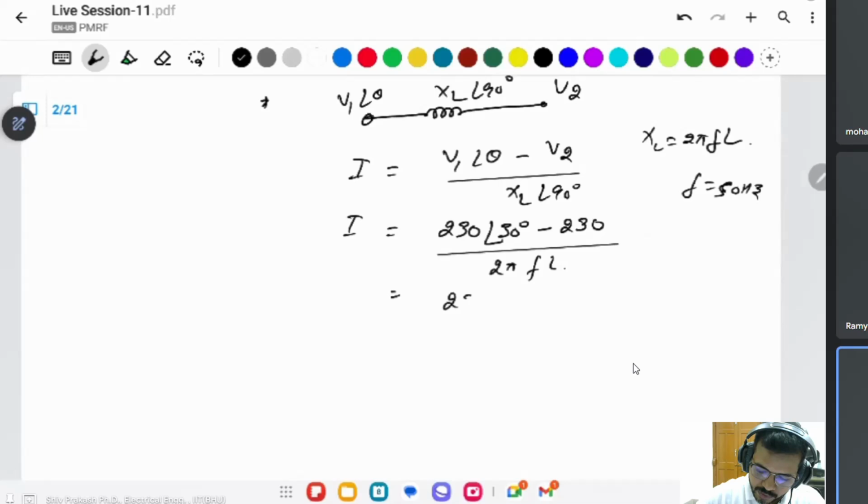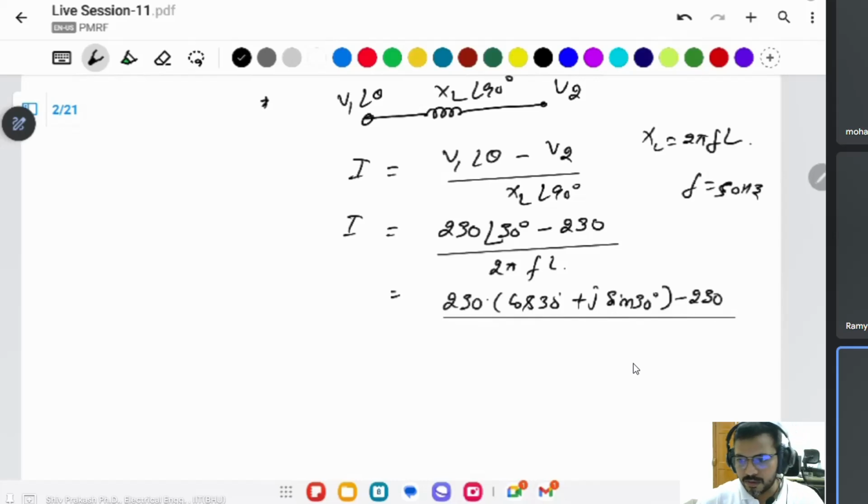Here you can use 230 cos 30 plus j sin 30. No, it is given only angle, not magnitude effect. If you take a magnitude, then there is no effect of 90 degrees. Minus 230.